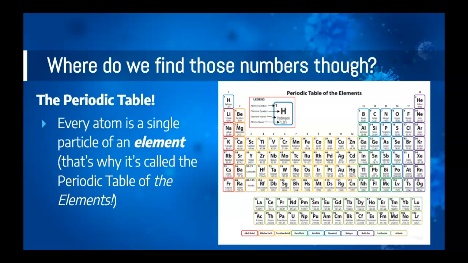Now, periodic table is a table of the elements, hence called the periodic table of the elements. So every atom we can think of as a single particle of an element. So if we have a single hydrogen atom, we have a single atom of that particular element.